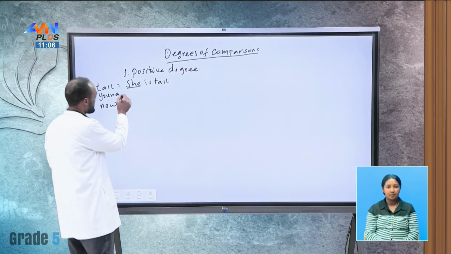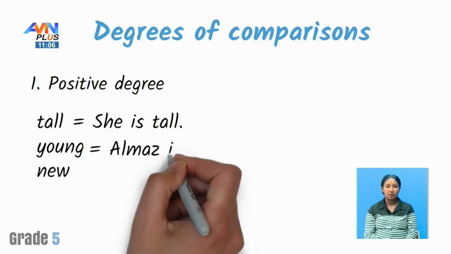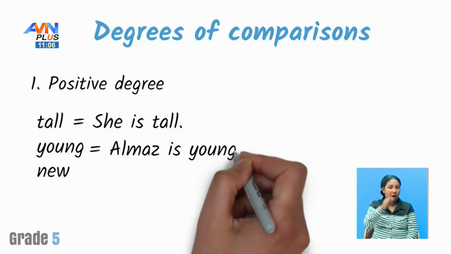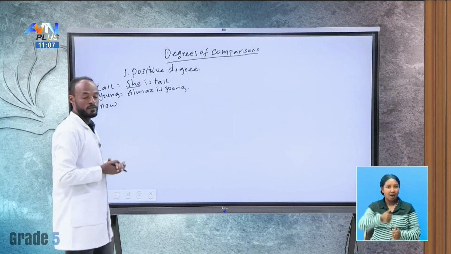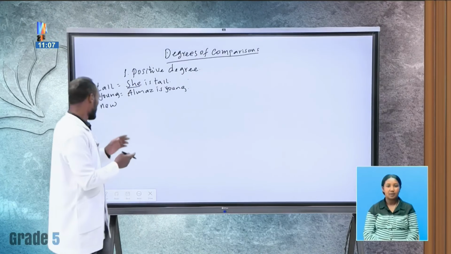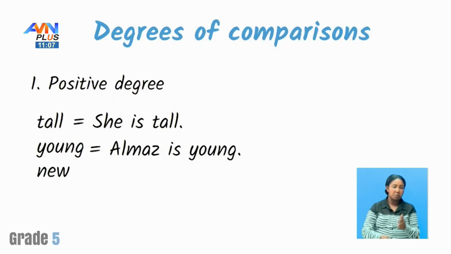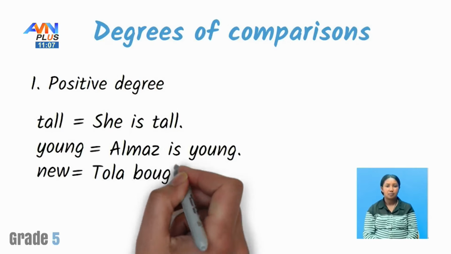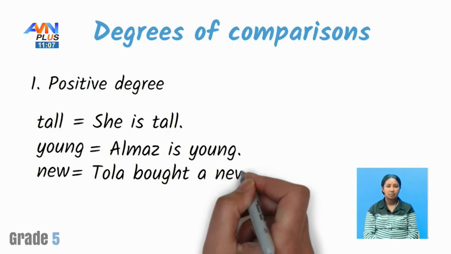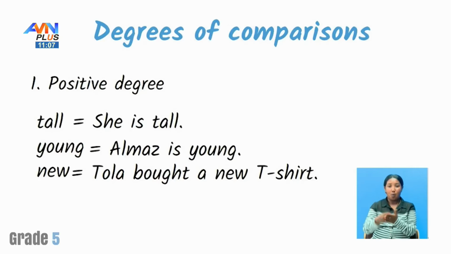And another one is young. We can say Almaz is young. Almaz is young. Tola bought a new t-shirt.